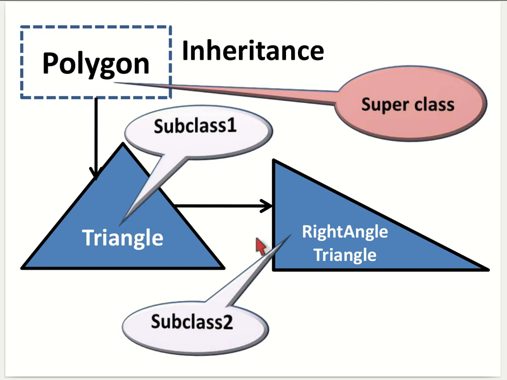A right angle triangle is a subclass of the triangle, which has a special unique characteristic: one of its angles is 90 degrees. Like this, we can create inheritance in the place of classes as well as objects.